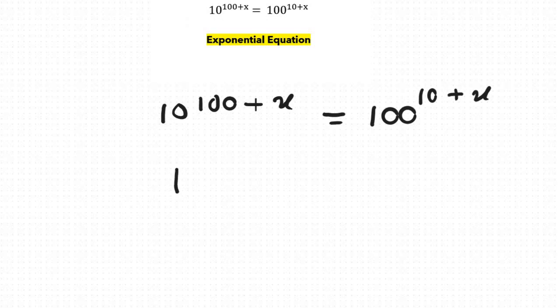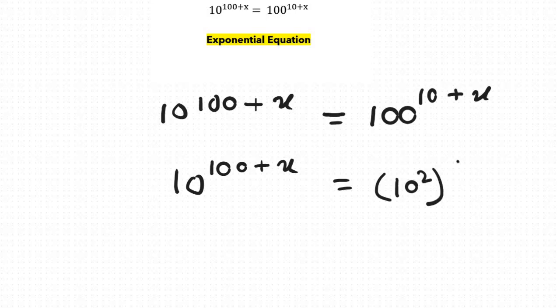Then we can write 10 to the power 100 plus x equals 10 squared to the power 10 plus x.